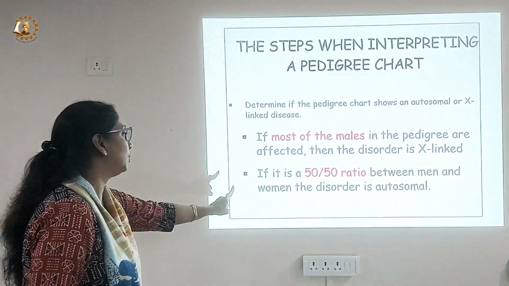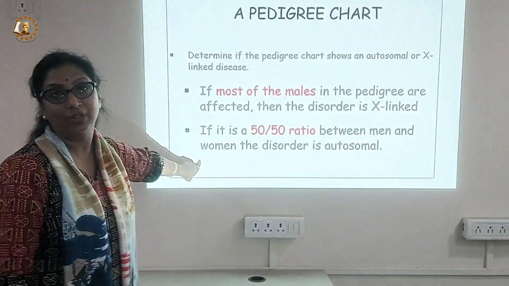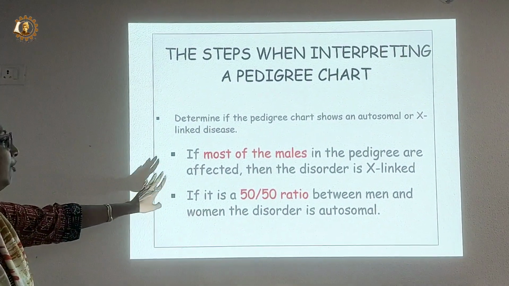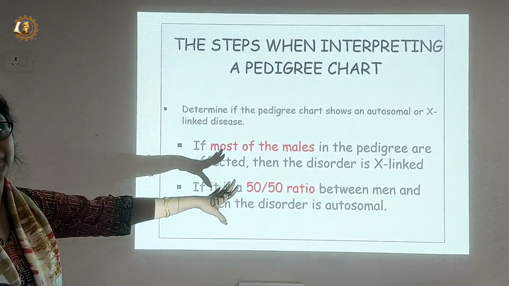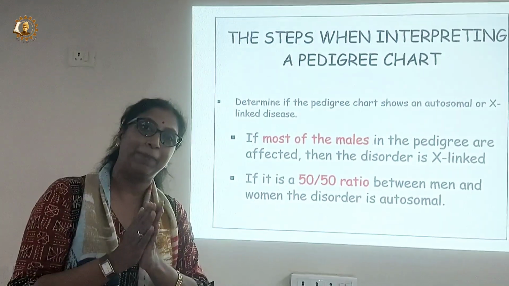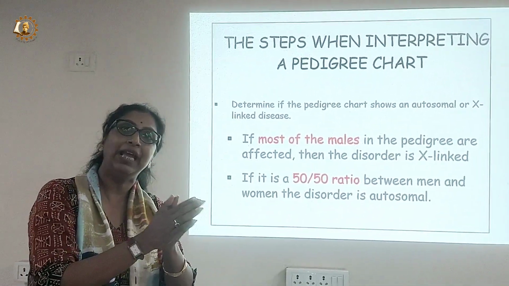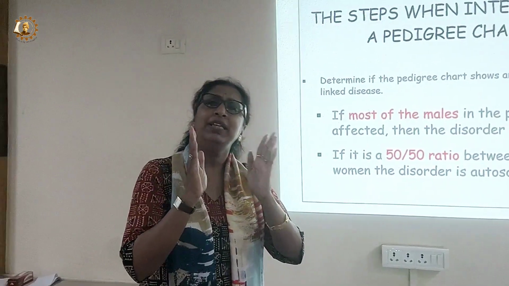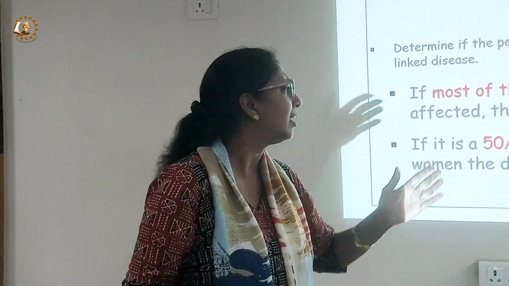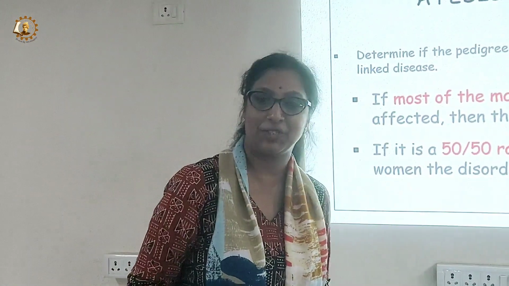In the case of an autosomal disorder, the ratio is 50-50. That means of the total individuals in the pedigree, nearly equal numbers of males and females are affected due to the autosomal disorder.